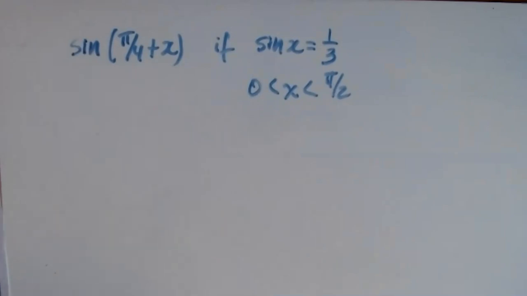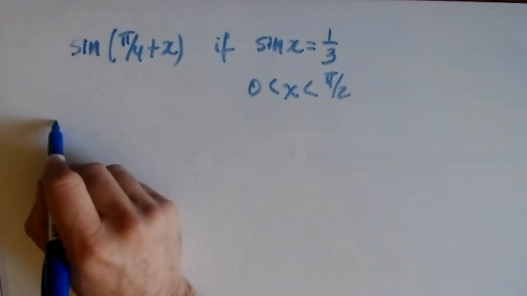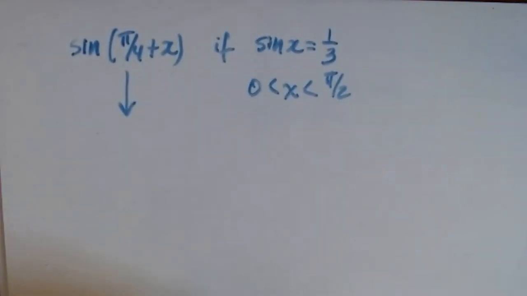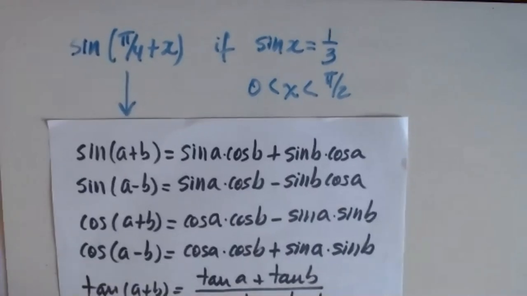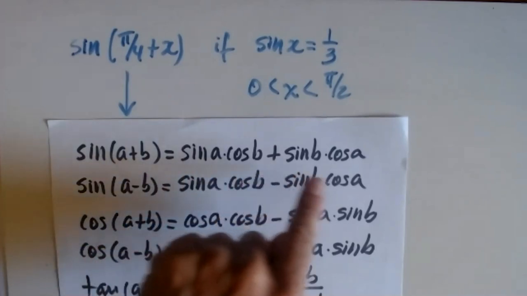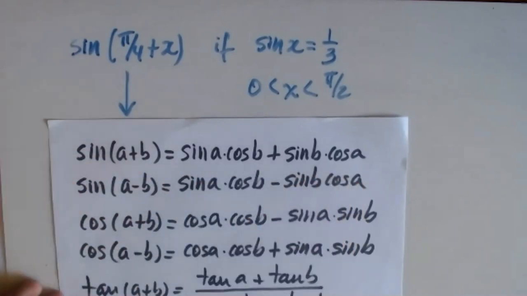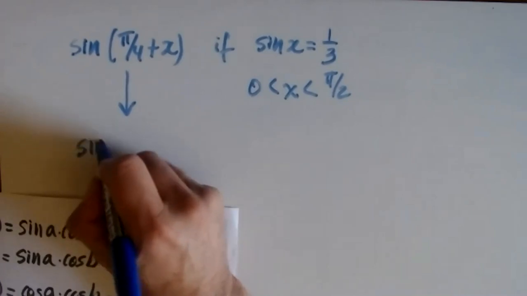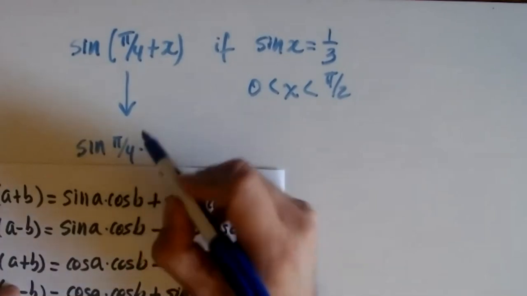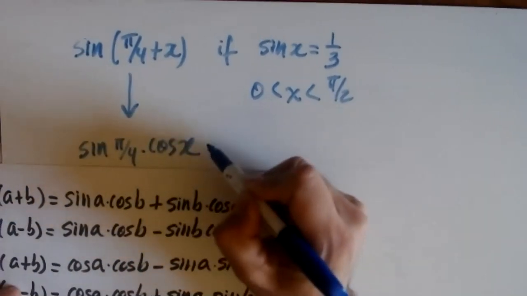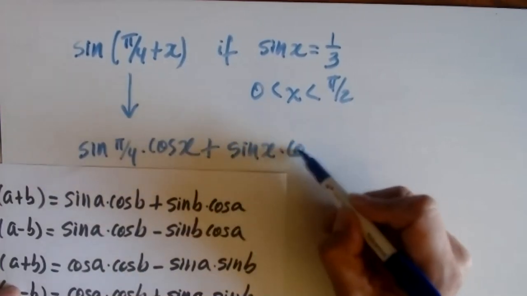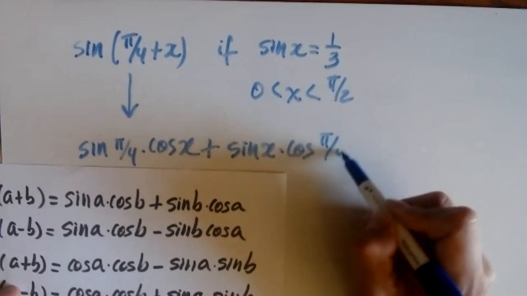So how much is this? Okay, let's see. I need to use an identity. So again, I have here my identities. This is sine of plus, this plus this. Sine of a sum is this thing right here, you see? I'm going to use that. So this is sine of pi over 4 times cosine of x plus sine of x times cosine of pi over 4, correct?